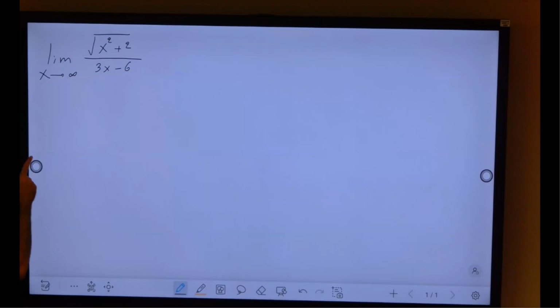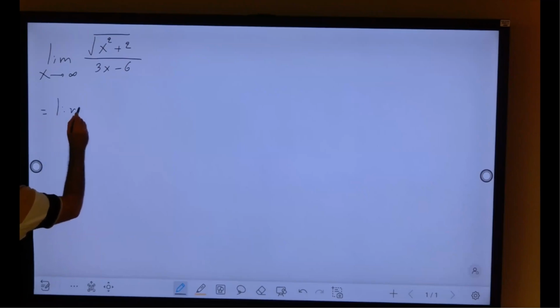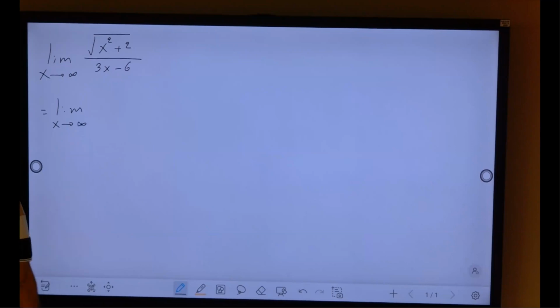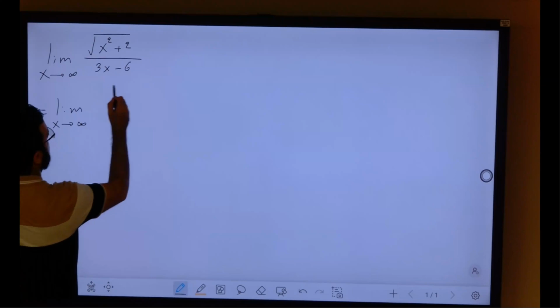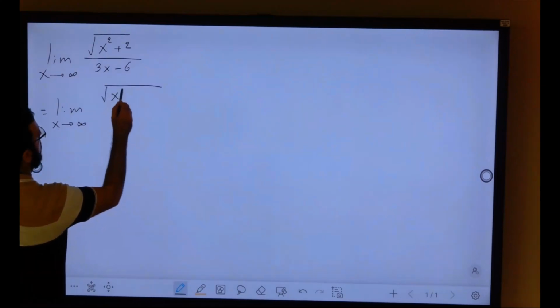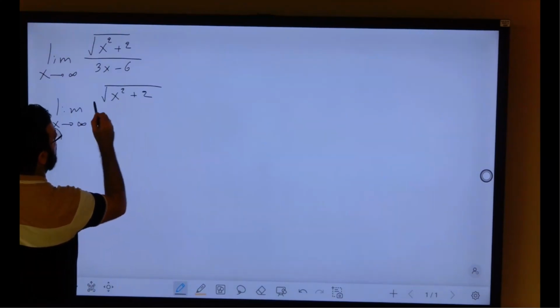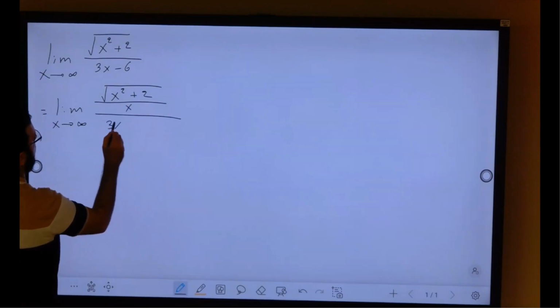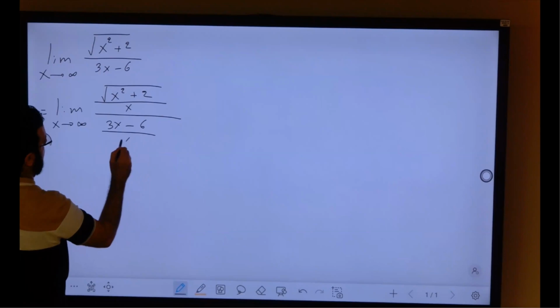So you're going to say divide everything by x, which is okay, this is the right step, but let's see. This goes to infinity. We're going to say the square root of x squared plus 2 divided by x, over 3x minus 6 divided by x.